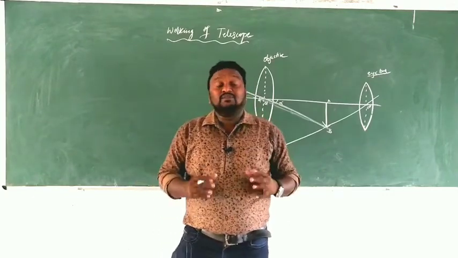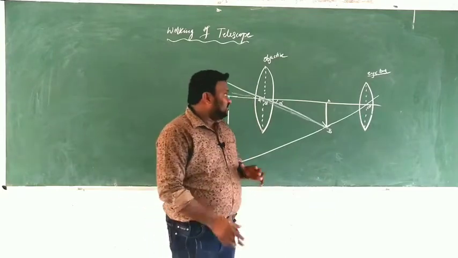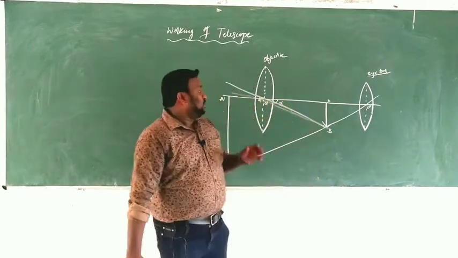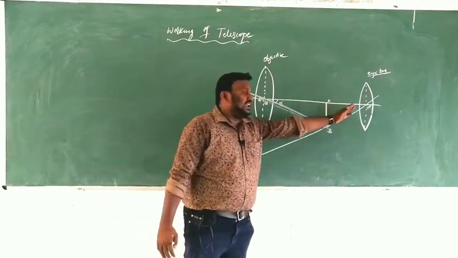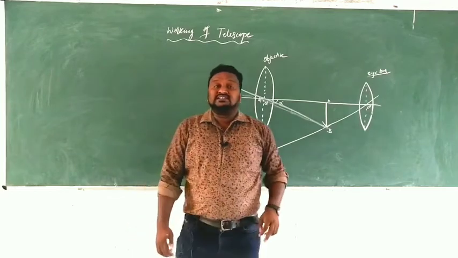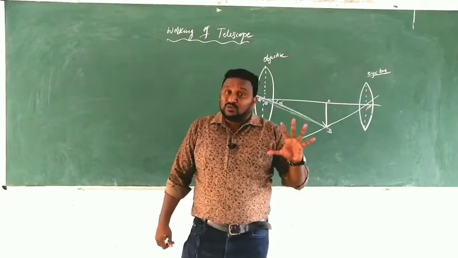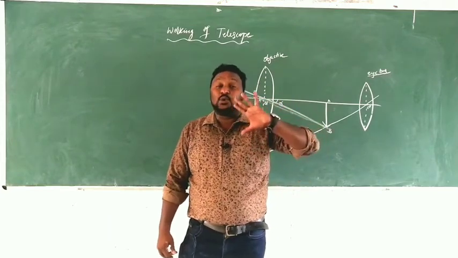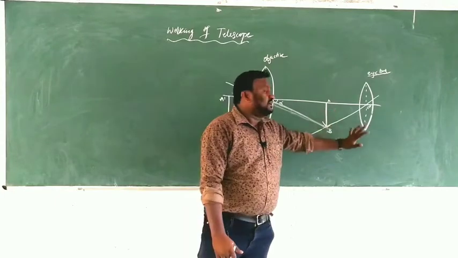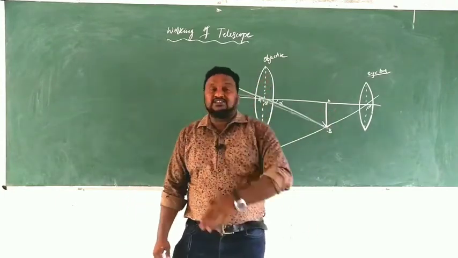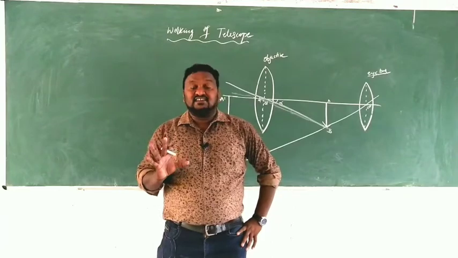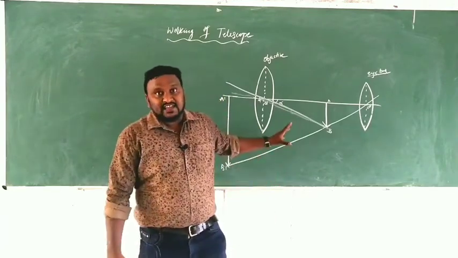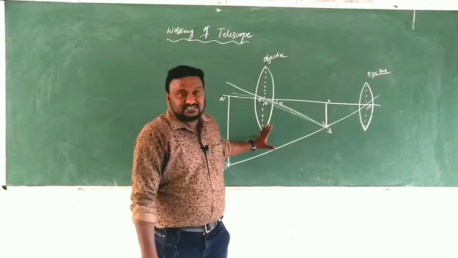Now the concept: we have two lenses, one object lens and one eye lens. We take two convex lenses having unequal focal lengths, arranged coaxially and separated by some distance. In this diagram this is the object lens.